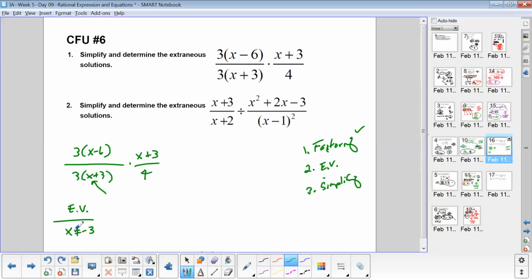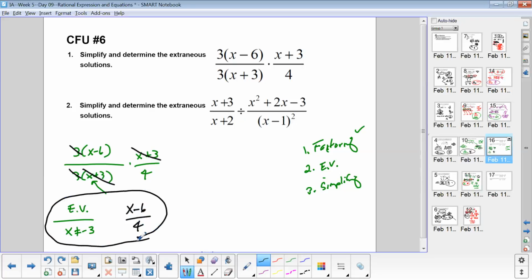So here's your excluded value. X cannot equal negative 3. And then you start to look at what will divide out. This will divide, this will divide. 3's will divide. You're left with x minus 6 divided by 4 coupled with your excluded value. So that's the check for understanding number 1.